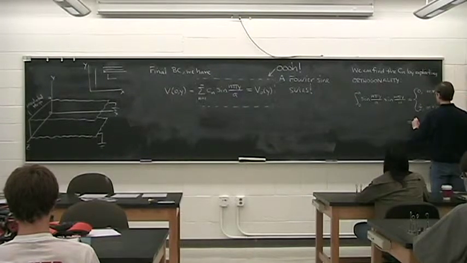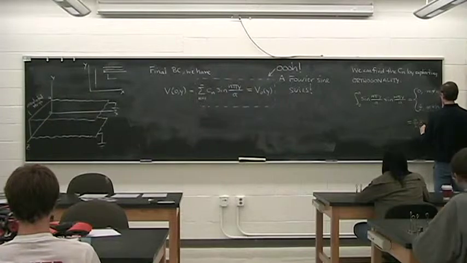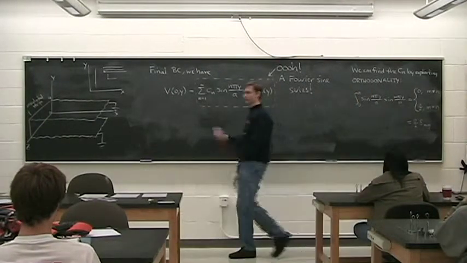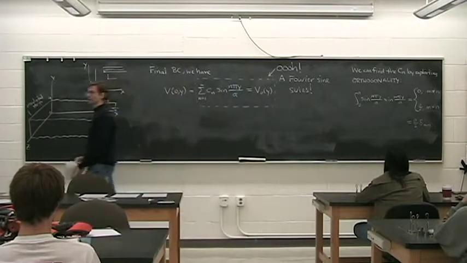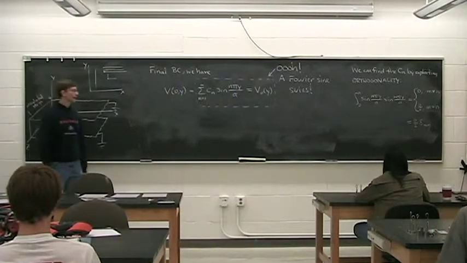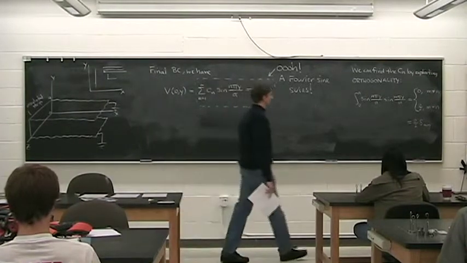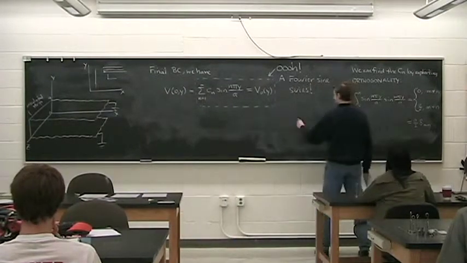Or another way to write that, it would be a over 2 times the Kronecker delta mn. Remember, the Kronecker delta is this little beast that's 0 when its two subscripts are not equal, and 1 when its two subscripts are equal to one another. So we call this the orthogonality property.